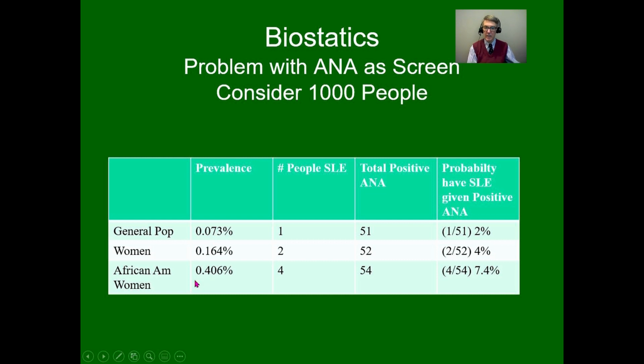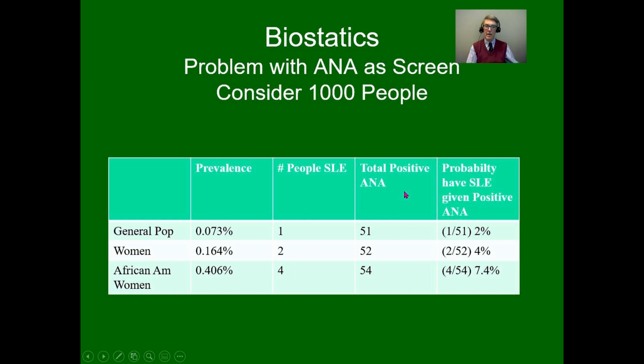And in African American women it jumps to 0.406%. So if you take 1,000 people, the number of people with lupus in that population will be on the order of 1 in the general population, 2 in the female population, 4 in the African American women population.